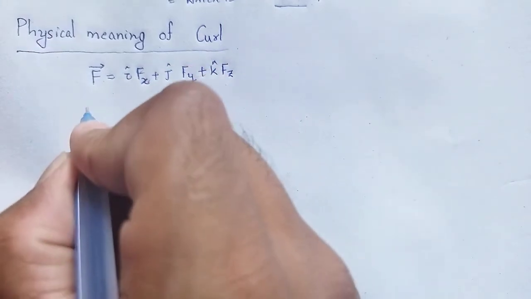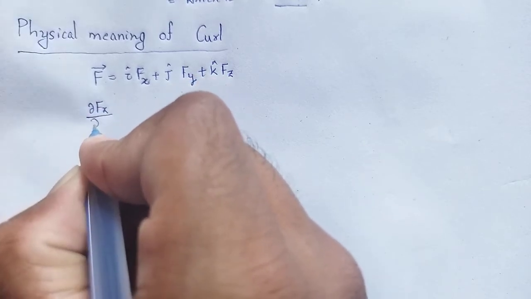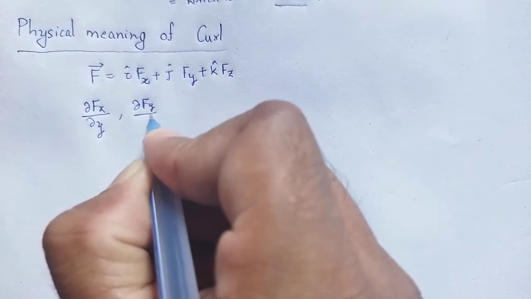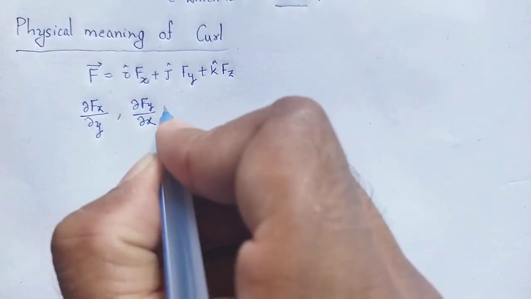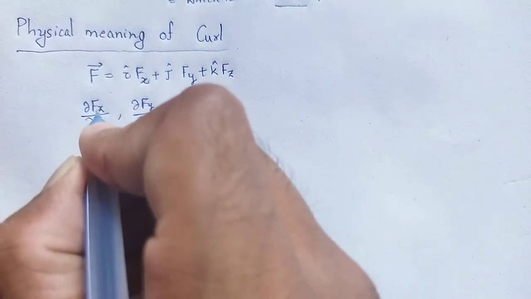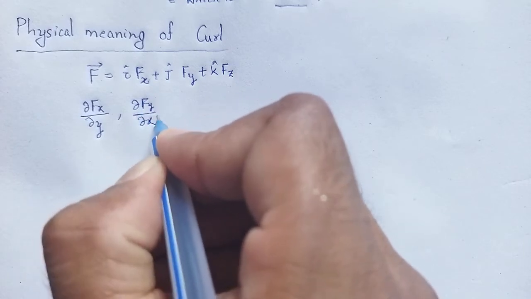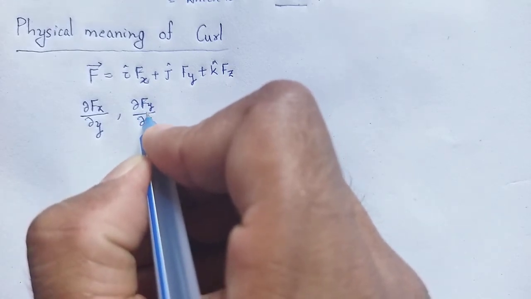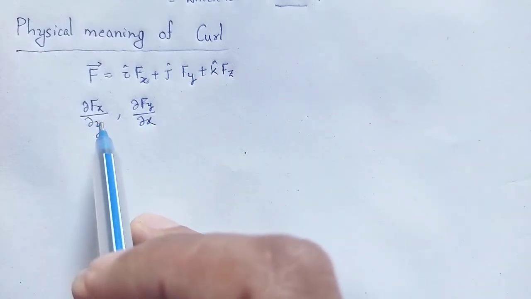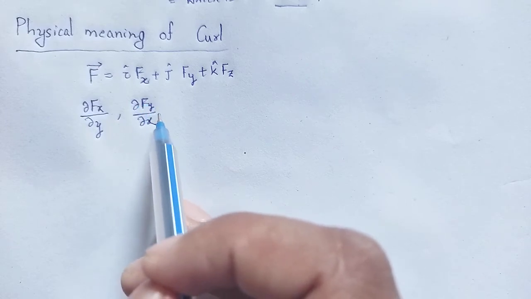Let del fx by del y and del fy by del x; del fx by del y represents the rate of change in fx with respect to the y axis, and del fy by del x is the rate of change in fy with respect to the x axis.